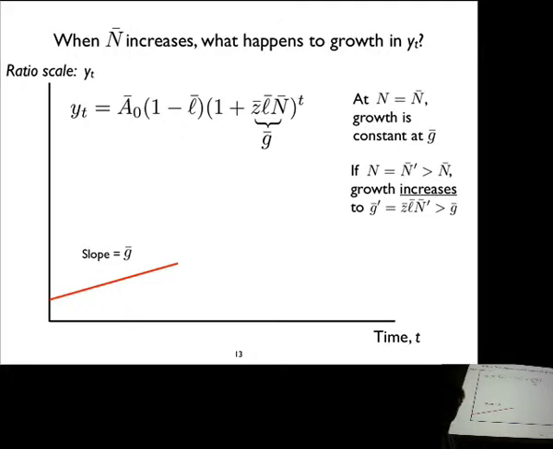With an increase in population, you might think about this in your heads, well, what determines the level of production per person? Well, it's basically the number of farmers per person and the ideas that exist. Well, if I increase the number of people around, the number of people increases, obviously, but how fast does the number of farmers increase?